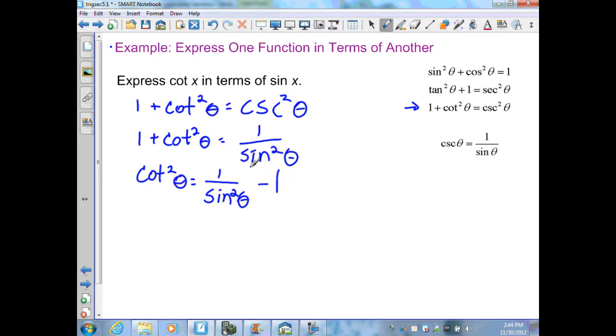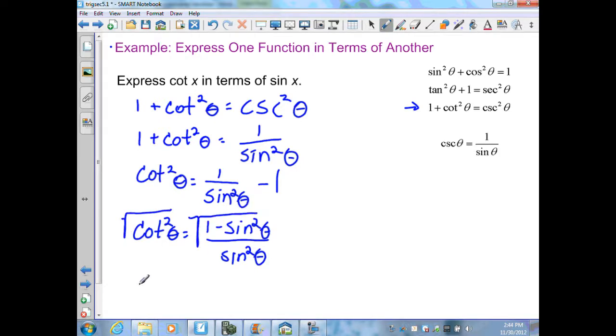Let's simplify the right side. That gives me cotangent squared theta equals, common denominator is sine squared theta. So sine squared theta over sine squared theta gives me 1 minus sine squared theta over sine squared theta. Now I can take the square root of both sides.